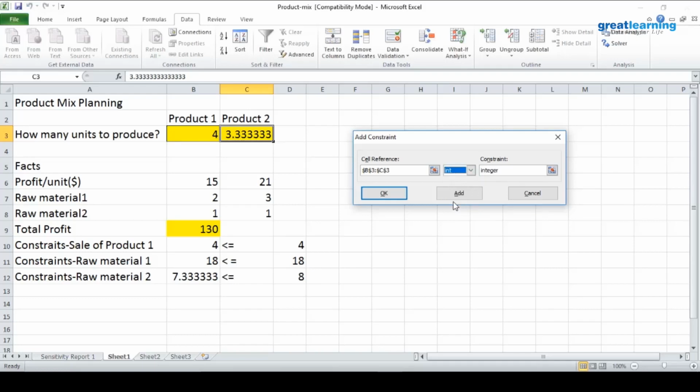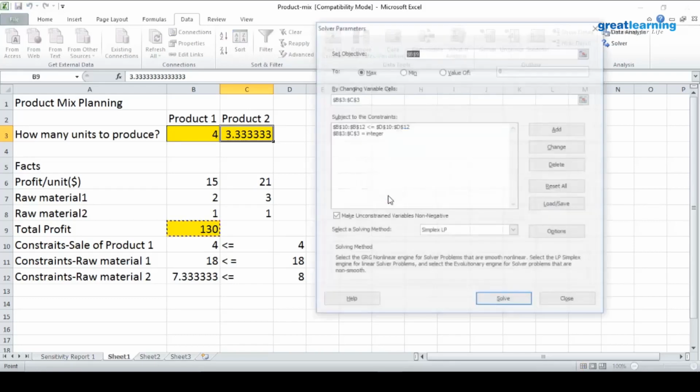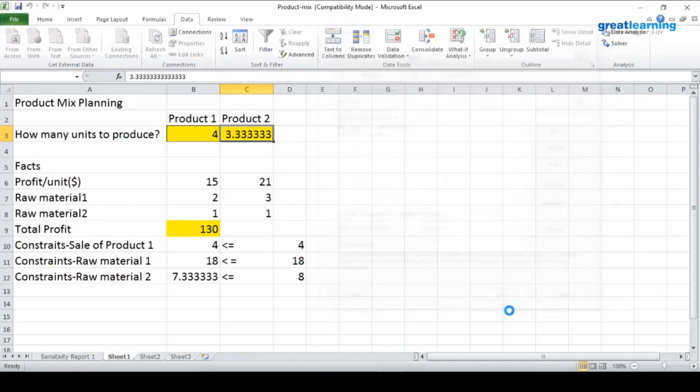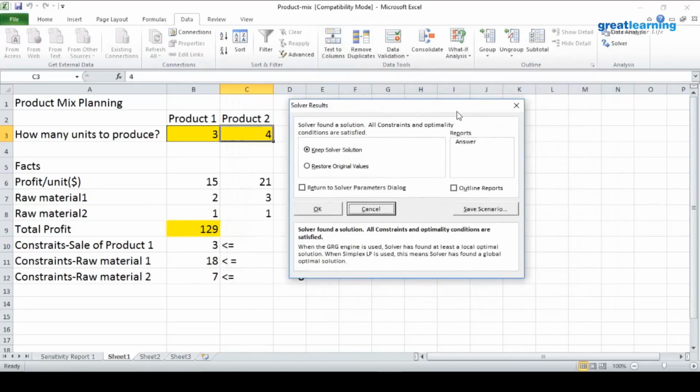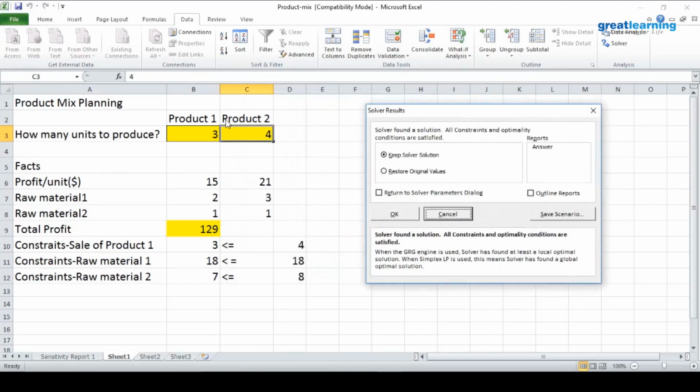The moment I put that option and click OK and then solve, I get an integer solution of the linear programming, which is here magnificently 3 units of product 1, 4 units of product 2, $129 is the overall profit. The constraints are satisfied, a magnificent solution in solver.